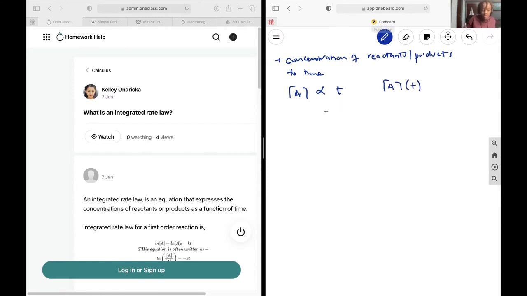And the integrated rate law itself states that ln A is equal to ln A initially minus kt, right?